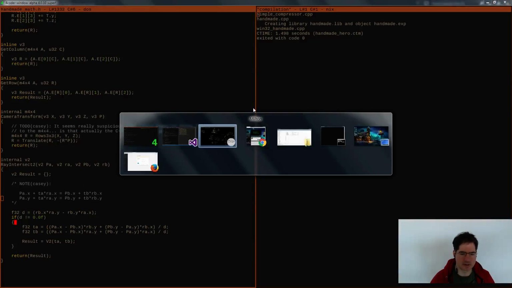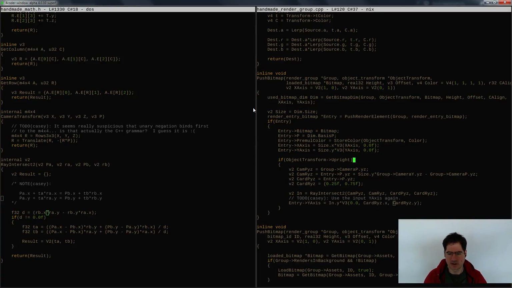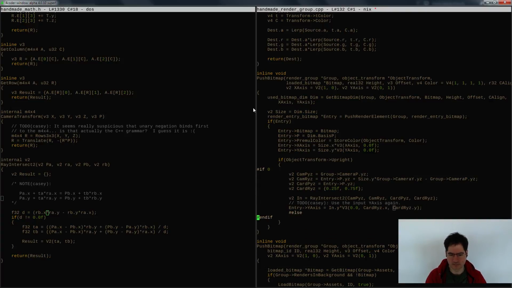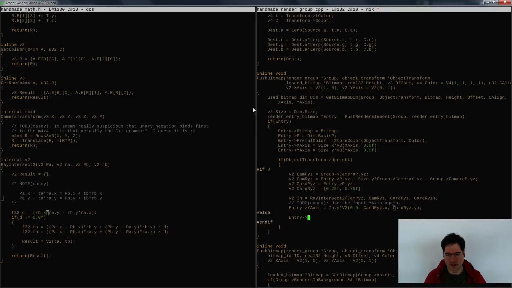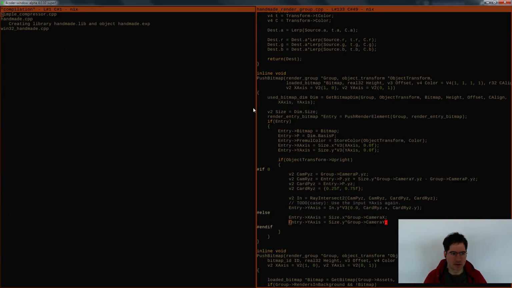It's worth noting, too, that we can always do sort of a separate thing, which is that one easy sprite thing to do, and it's not necessarily the sprite thing that I want to do, but in addition to this, we also have another option here, which is that the entry x-axis equals size x times group camera x, camera y.